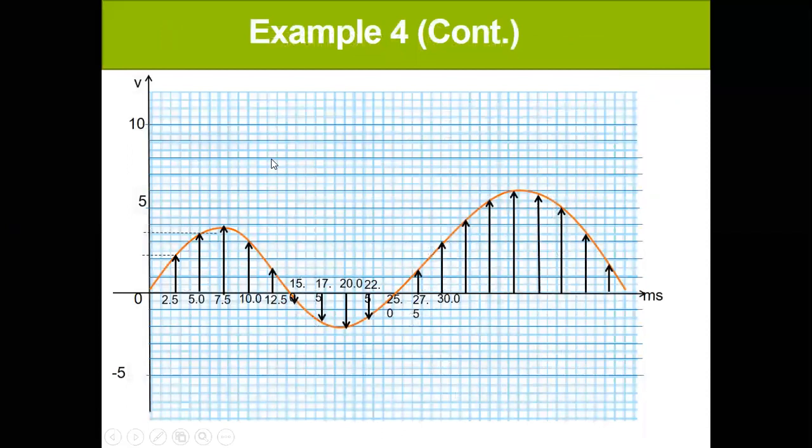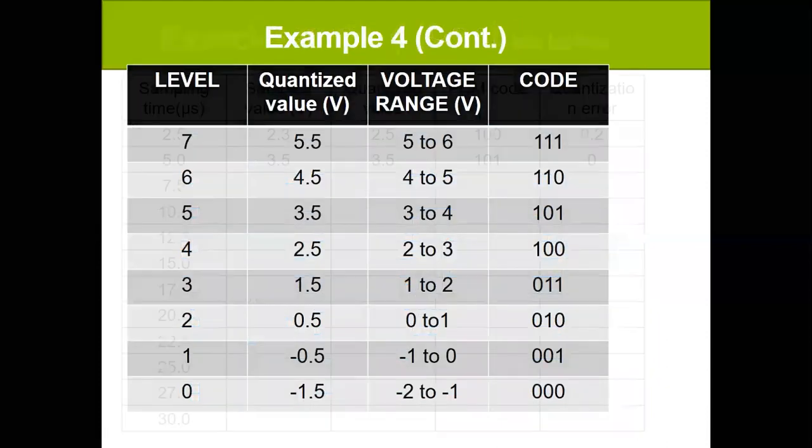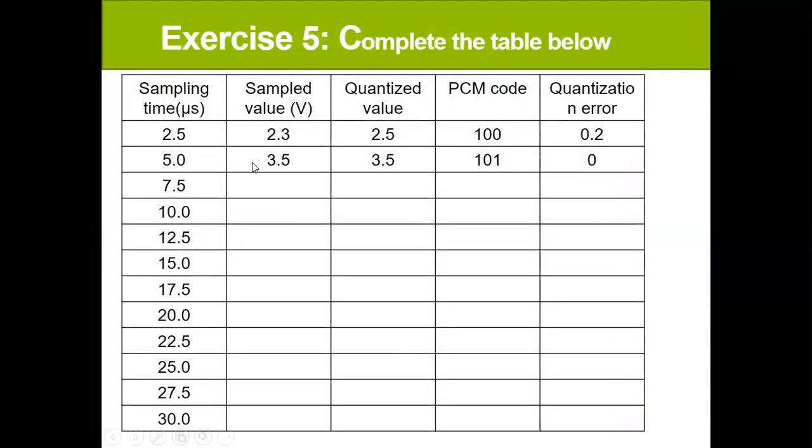Let me show again. This one is 1, 2, so 2.3. Then the second value is 1, 2, 3, so 3.5.